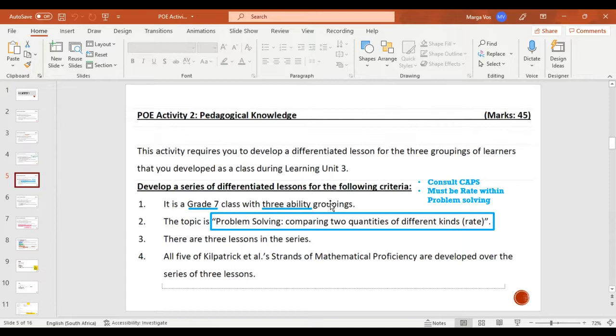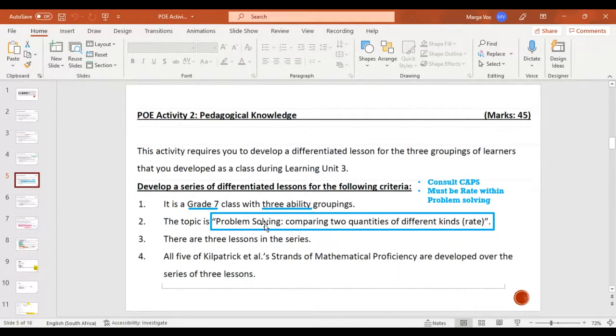So it's not going to be mixed abilities. You are going to tell us that one group has low skills, the other group has moderate skills, and the last group has high skills in problem solving when we do rate.